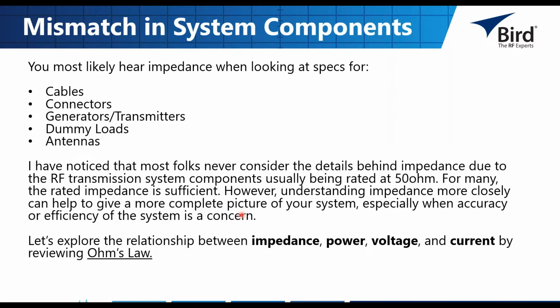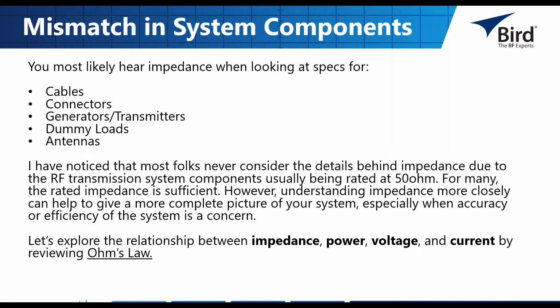I see a lot of folks on the communication side not really considering it too much, because everything is typically rated for 50 ohms and you're not worrying about strange impedances. But the more we understand impedance, the more complete a picture we get of our system and why we might be getting little reflections, especially when considering accuracy and efficiency.